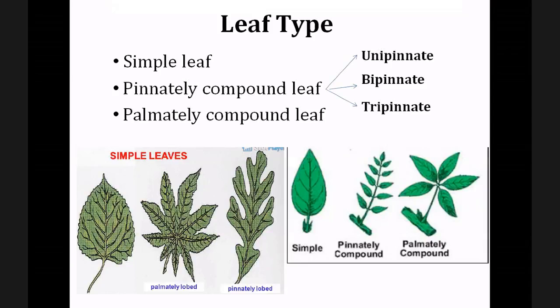Palmately compound leaf means the arrangement of each leaflet of the blade: the leaf blade is divided, and you can see the compound leaf divided into leaflets. Each leaflet is separated along the secondary vein.